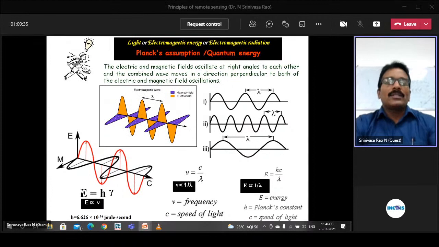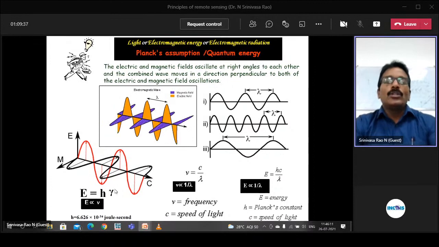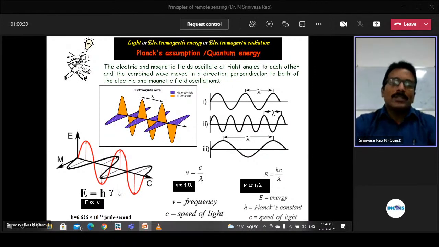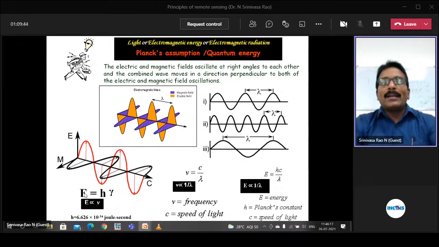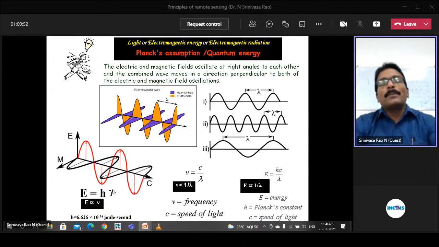Simple equation that everyone knows: E equals h nu. This is the energy quantification. E is the packet of energy, h is a constant called Planck's constant, and nu is the frequency.